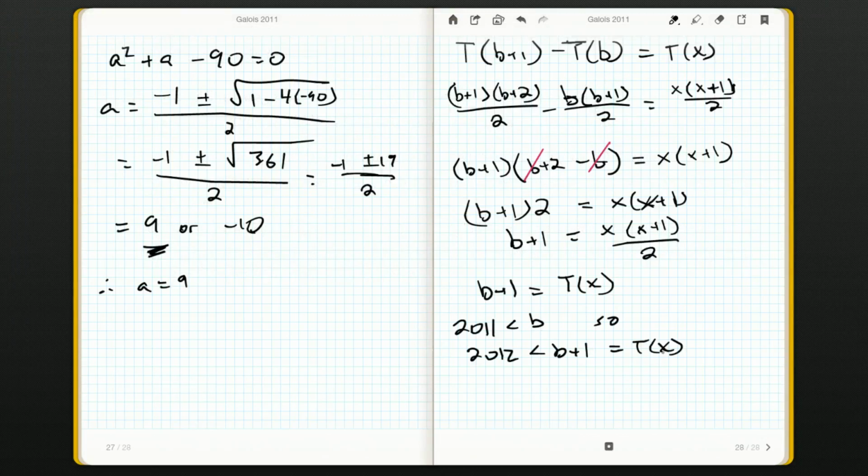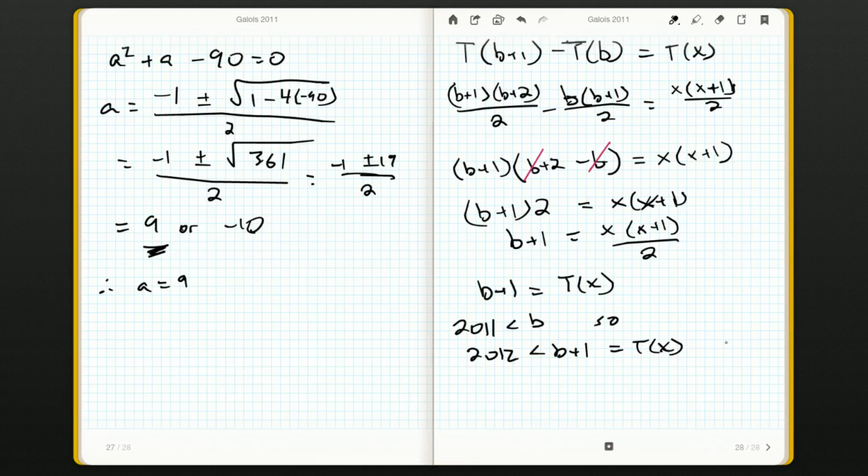So we're basically looking for the xth triangular number, and we want the smallest one that's bigger than 2012. Okay, so what can we do here? Well, we could always guess and check because we have the formula.